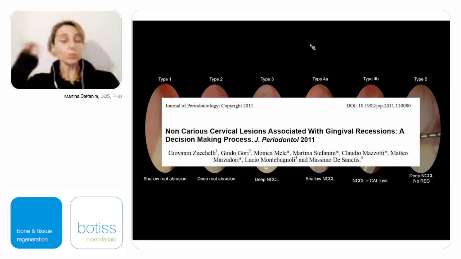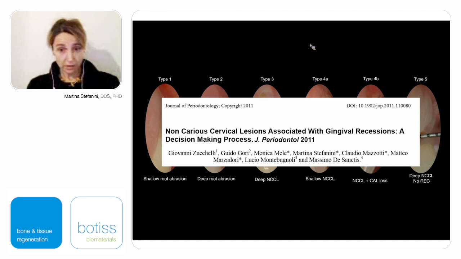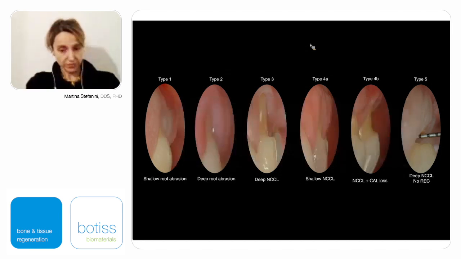And this is what we published in 2011 in order to give a decision making to suggest the combined treatment for non-carious cervical lesion and gingival recession.